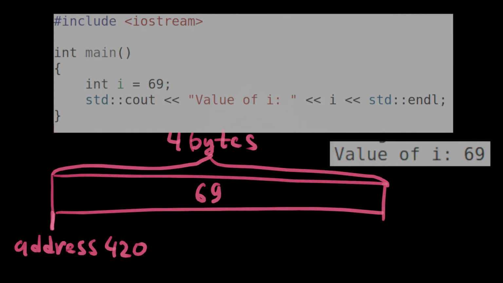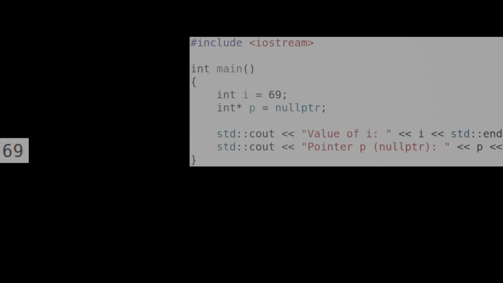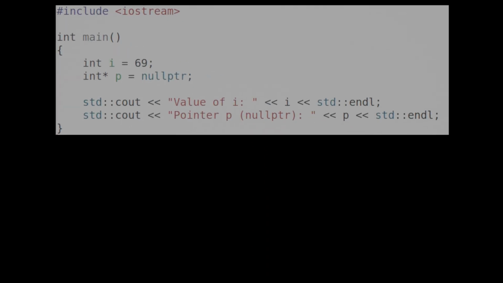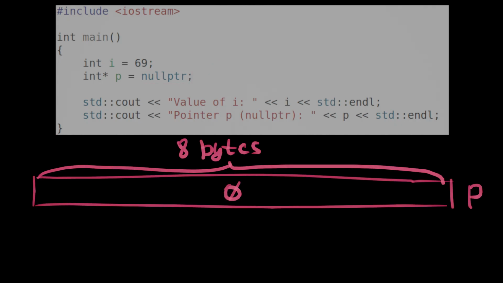Now let's extend the program. We declared another variable p, which is a pointer to an int, and initialized it with a null pointer. Null pointer simply means address 0. What does it mean? The compiler will allocate memory for a variable of type pointer to int. The pointer is just an address.